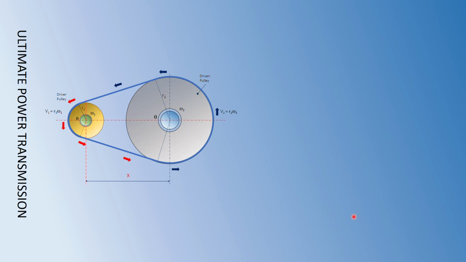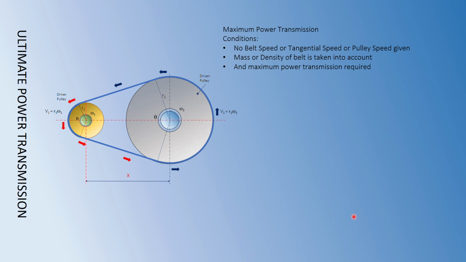So now this part here is for the ultimate power transmission. Now this part here I have done some proving formulas for you, but it is not necessary. But the only thing is you actually know where the formulas come from.